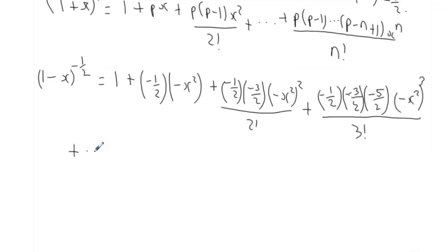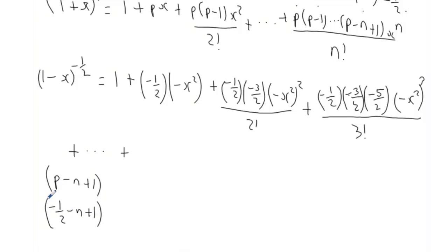So that pattern continues, and it goes up to, well, the last term, we know it's p times (p minus 1) times (p minus 2), all the way up to p minus n plus 1. So p minus n plus 1, well, p we said was minus a half, minus n plus 1.